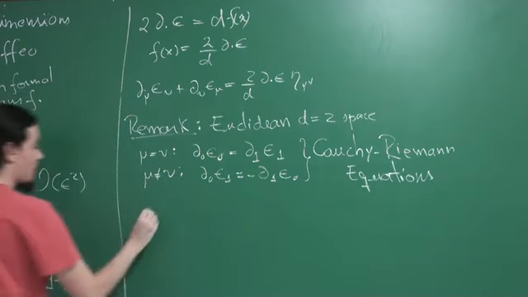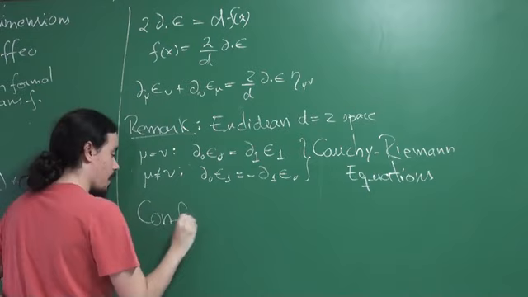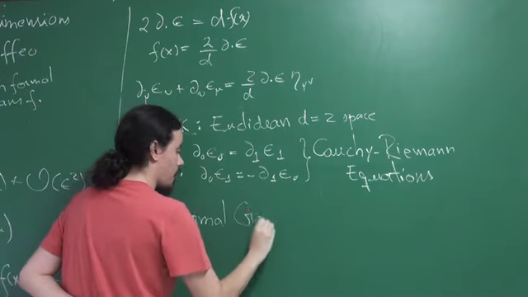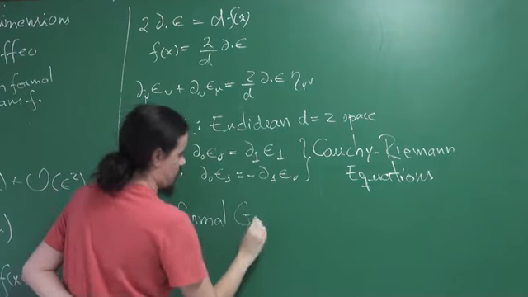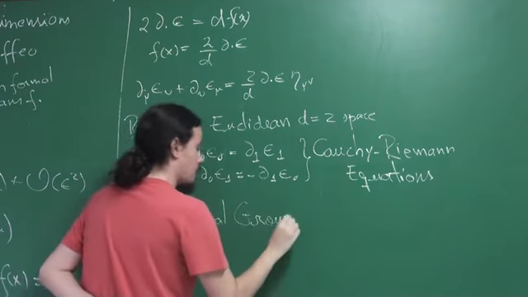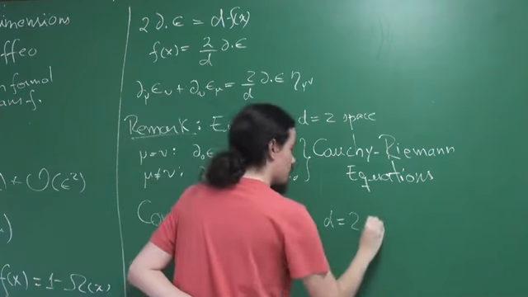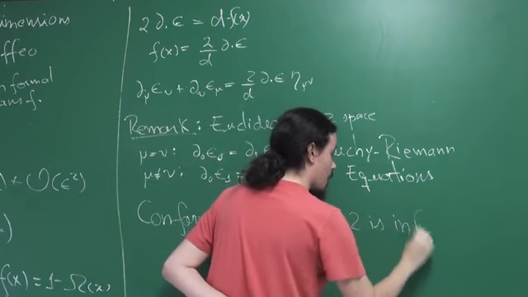So the conformal group in two dimensions is infinite.